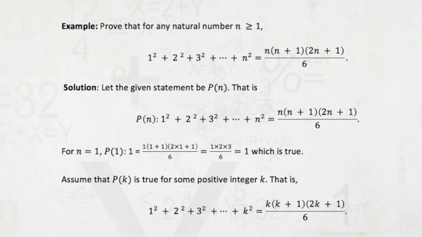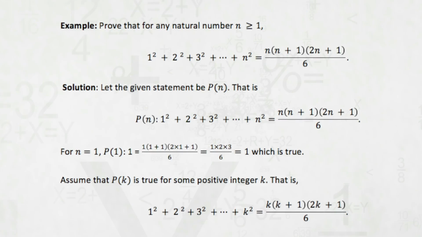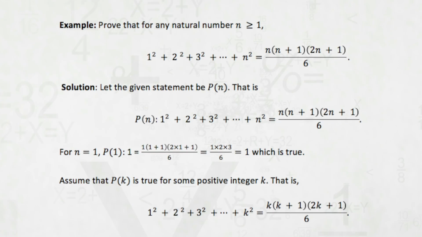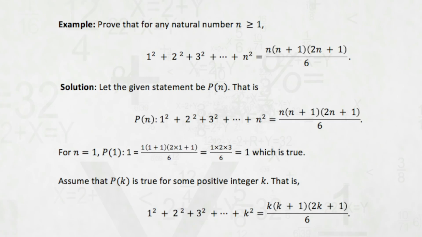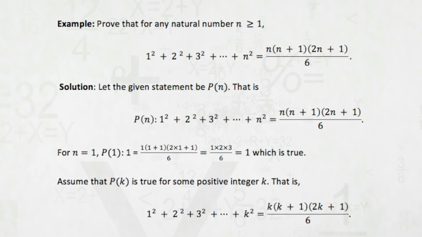Therefore, the statement is true for n equal to 1. Now, assume the statement is true for n equal to k, that is 1² + 2² + 3² + etc. + k² is equal to k(k + 1)(2k + 1) divided by 6.